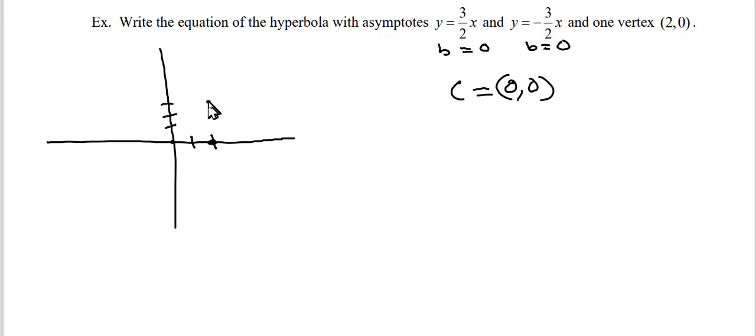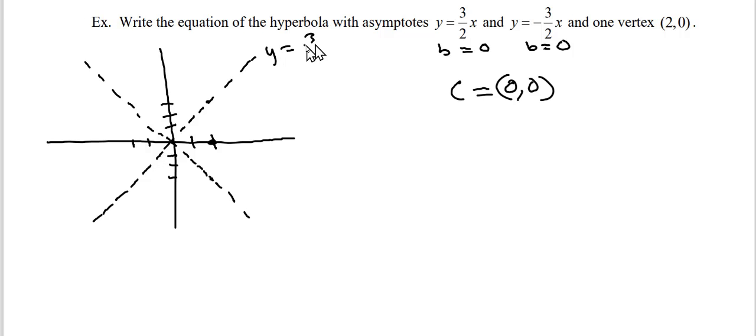Rise 3/2. This will be my asymptote, and this will be the other asymptote here. y equals 3/2 x and y equals negative 3/2 x.